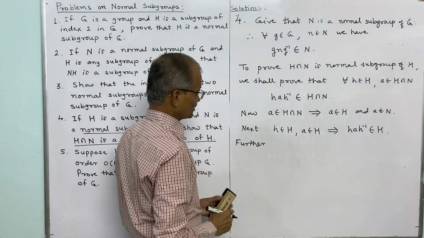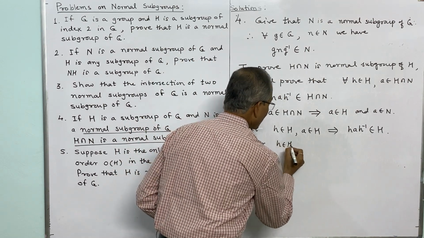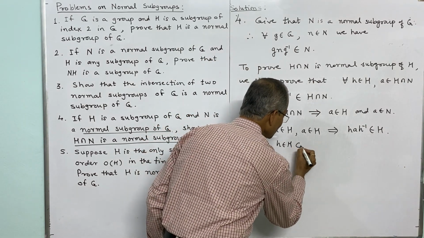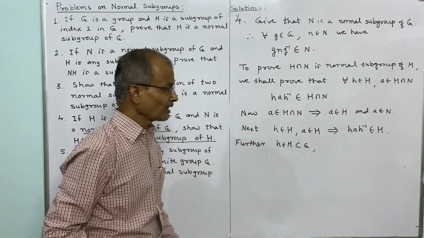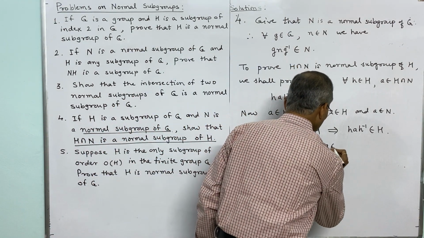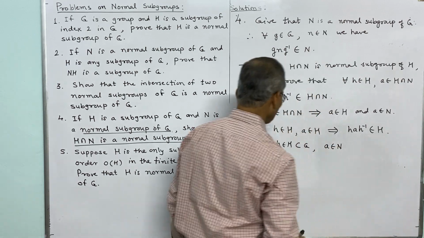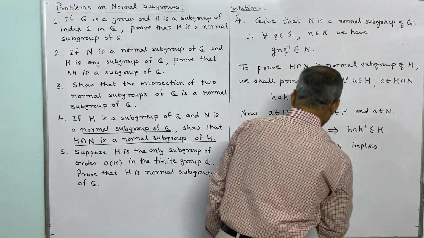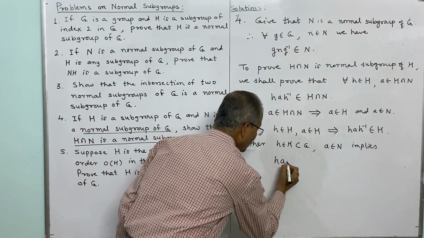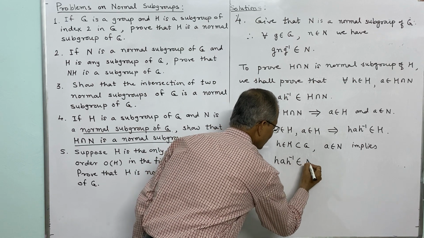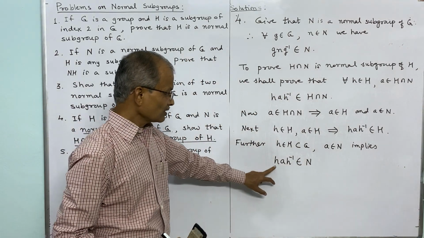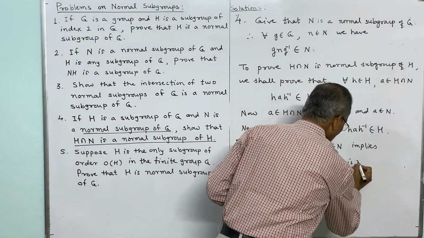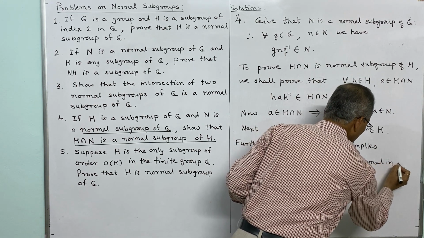Further, h belongs to H, and what do we have? a belongs to N. h belongs to H means H is a subset of G, so h belongs to G, and a belongs to N. This implies h a h inverse belongs to N. Why so?